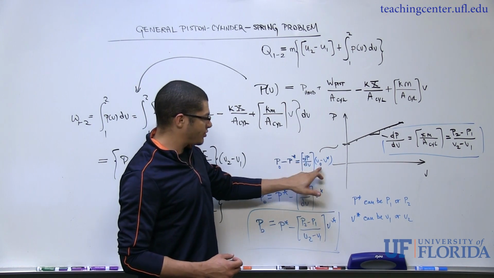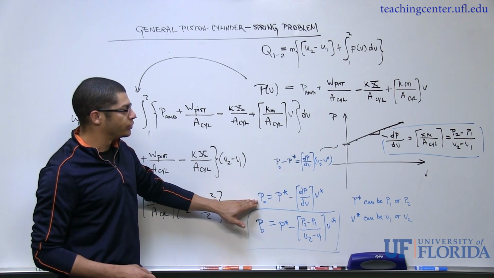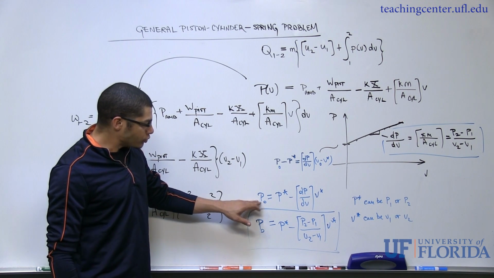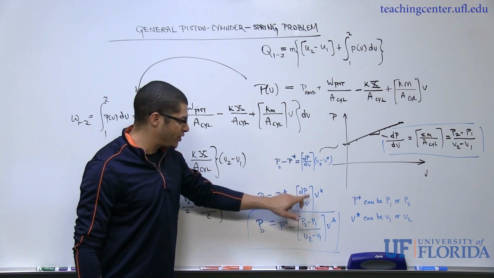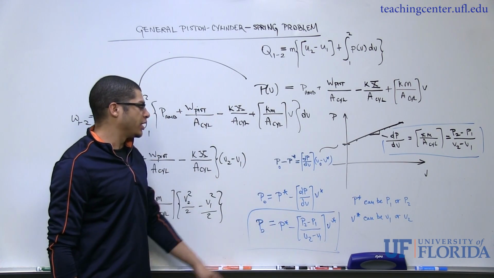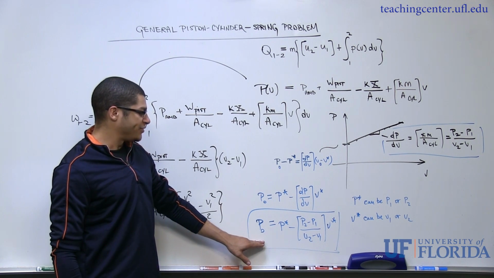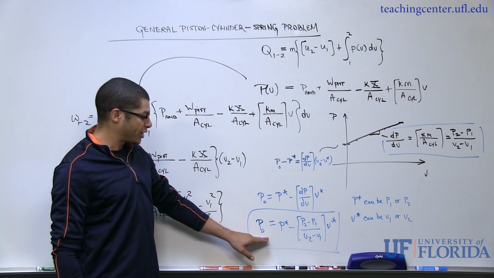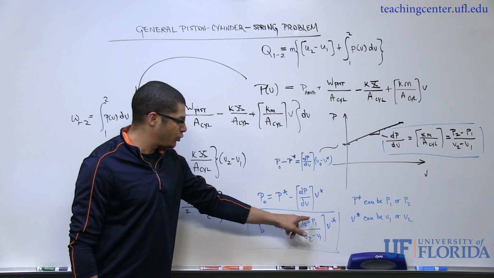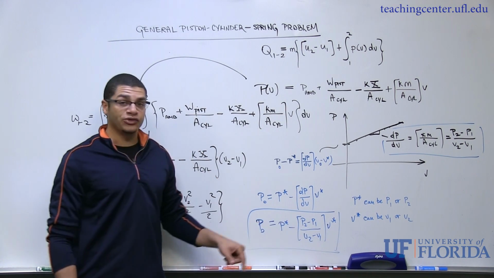So setting V sub 0 to 0 and rearranging, we get that the pressure as the specific volume tends to 0, or is 0, is equal to this, P star minus dP dV times V star. And plugging in our expression over here for dP dV, we get P at the specific volume equal to 0, or our pressure intercept, is equal to P star minus the quantity P2 minus P1 divided by V2 minus V1 times V star.